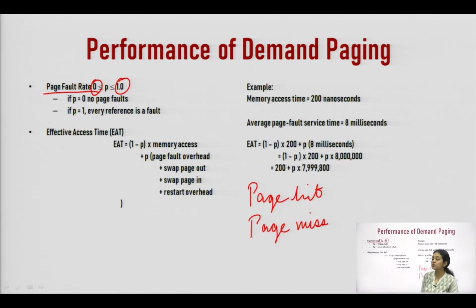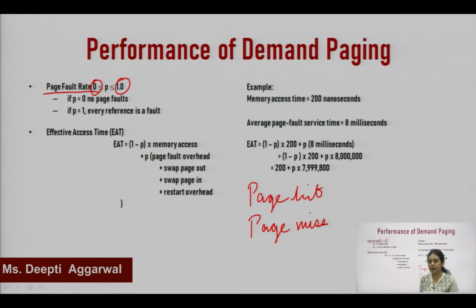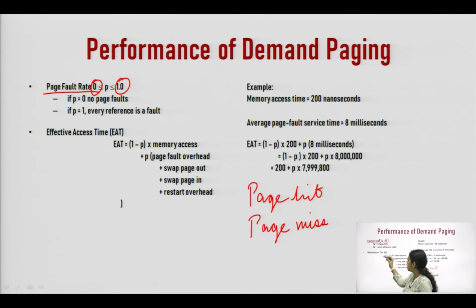On the other side, if every reference is a page fault, that is a 100% page fault, and that gives the value 1. So, 0 and 1 are the extreme values of the page fault rate.